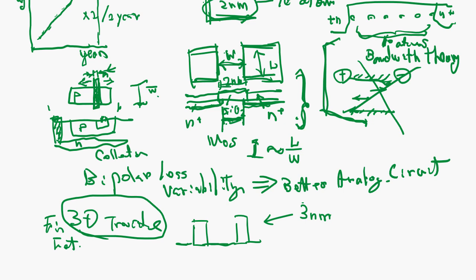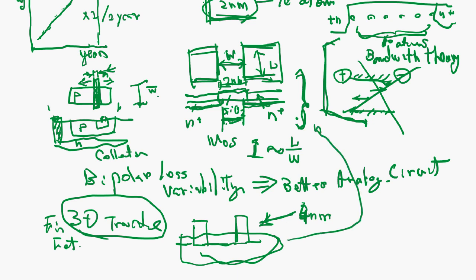And so where does the term density come from? The density, even this one is not 4 nanometer. If you push more transistors within the area, then it becomes equivalent to 3 nanometer flat 2-dimensional transistor density.